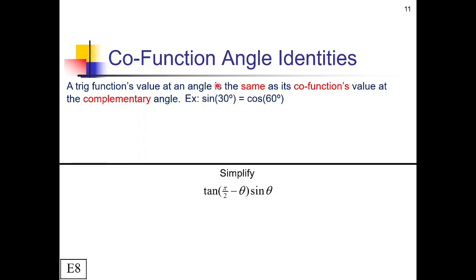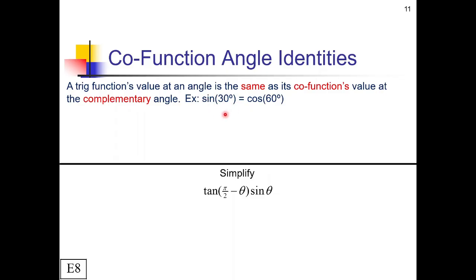Sine of 30, which is 1/2, is the same as cosine of 60. That's also 1/2. The point I'm trying to make here is 30 and 60, those are complementary. Those add up to 90, don't they? So that's what this cofunction actually means. If you take the cofunction of the complementary angle, you get the original function at the angle.